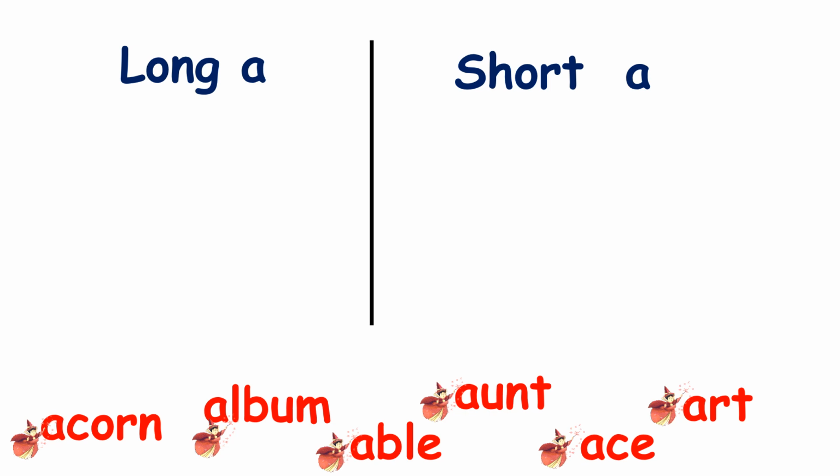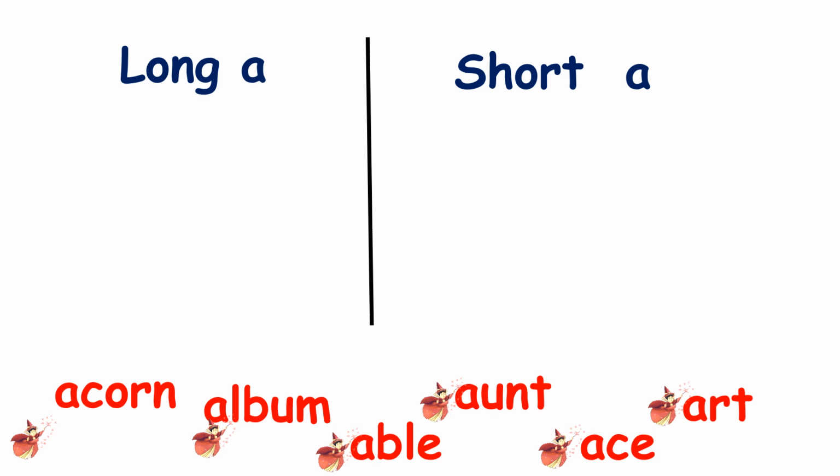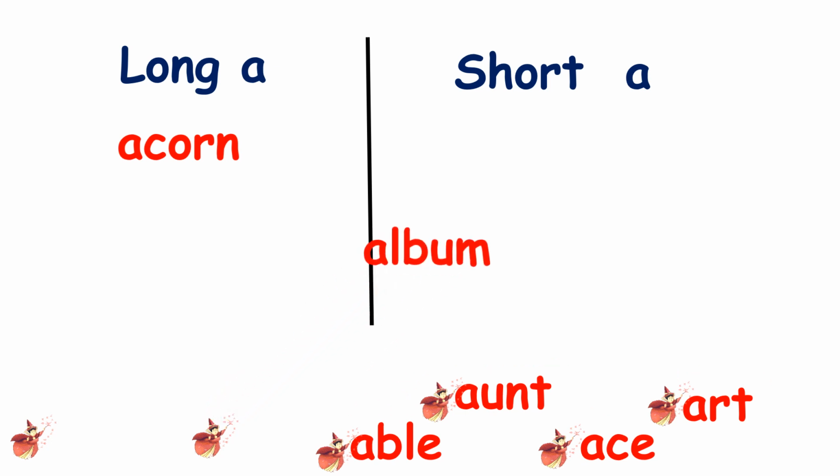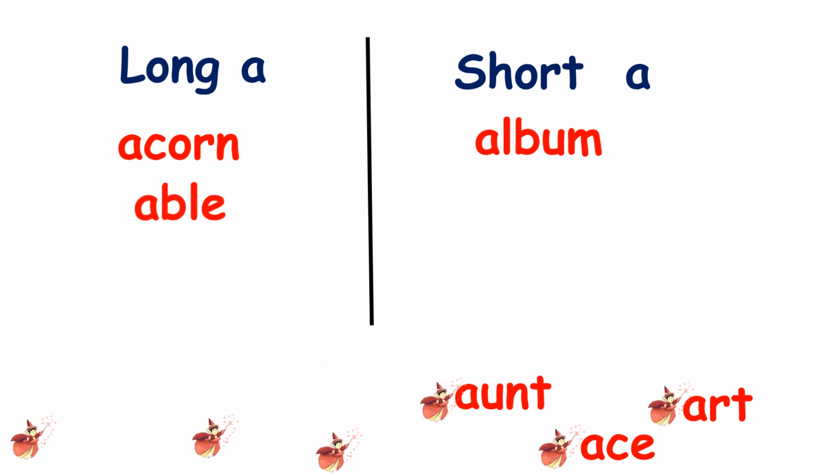in your books. Now it's time to check your answers. So let's see. Acorn. Acorn, the A says A, so it's going under the long A. Then we have album. You hear ah, album. So that will be the short A. Then we have able. You are hearing the vowel saying its name, A, able.